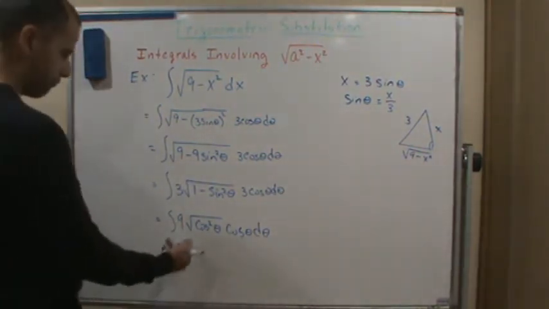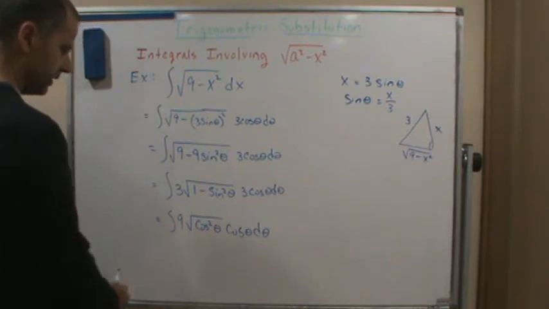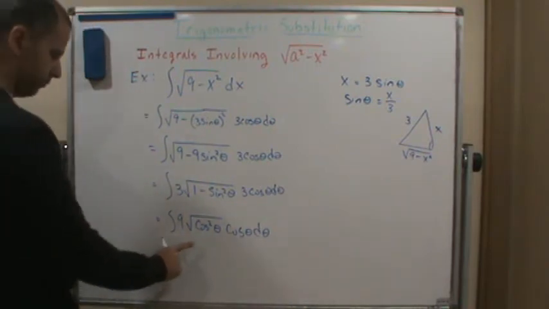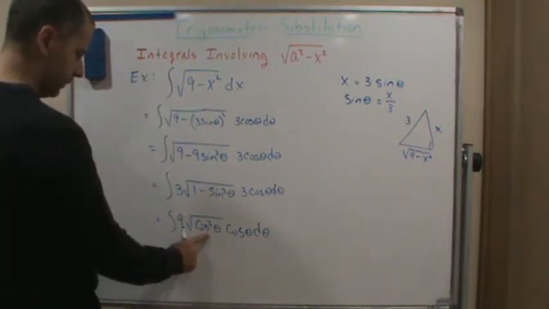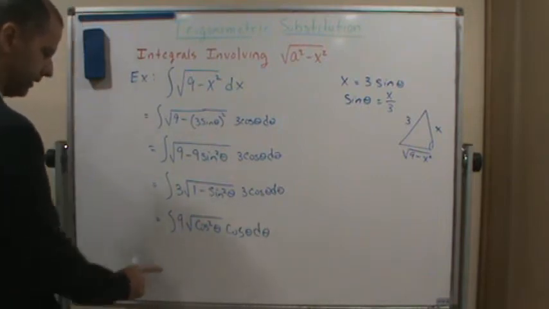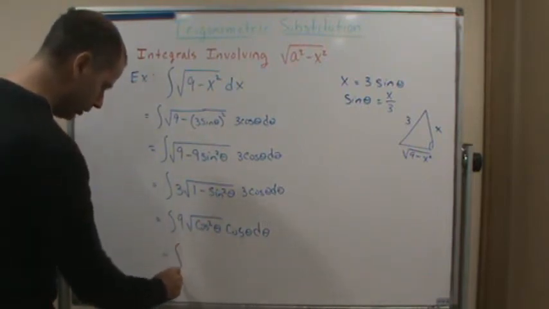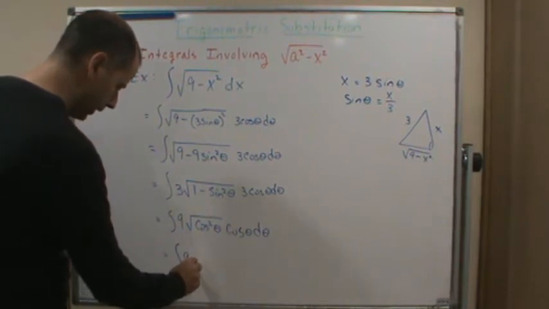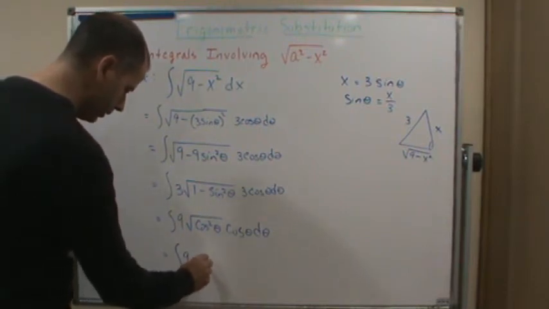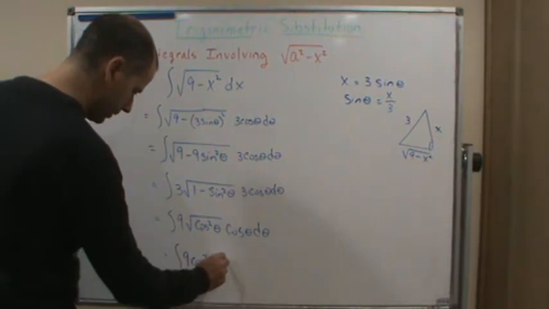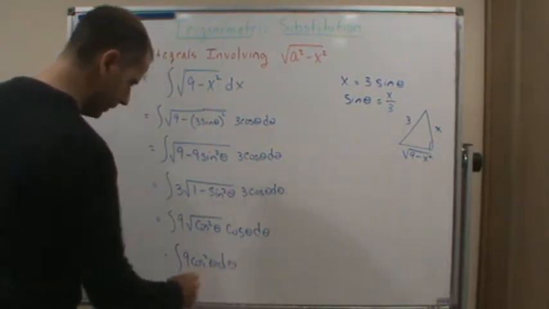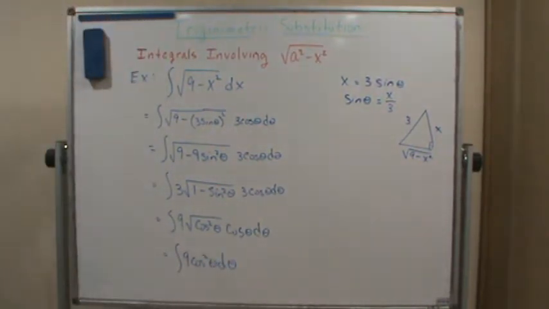And then again, this is going to give me cosine theta. And so what I'm going to end up with is the integral of 9 cosine squared theta d theta. Okay, so that's where we ended up before. So nothing different. Now we're going to integrate this thing.